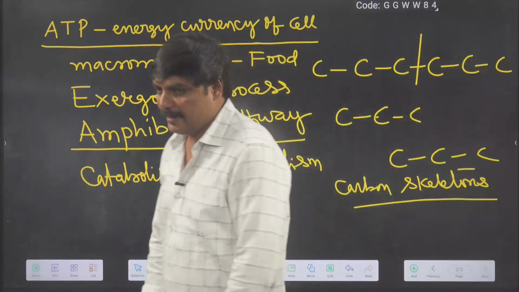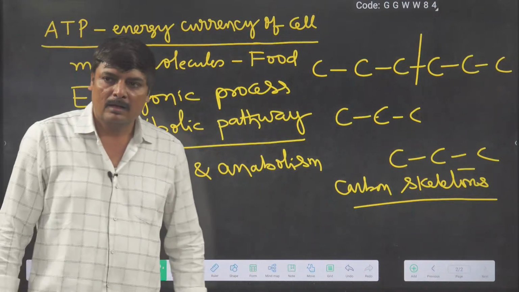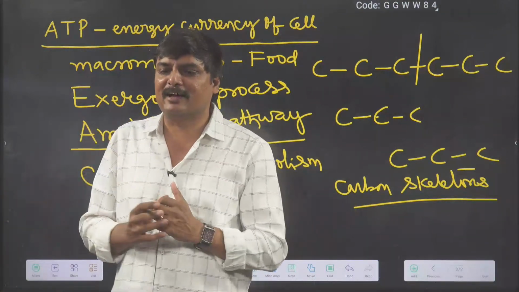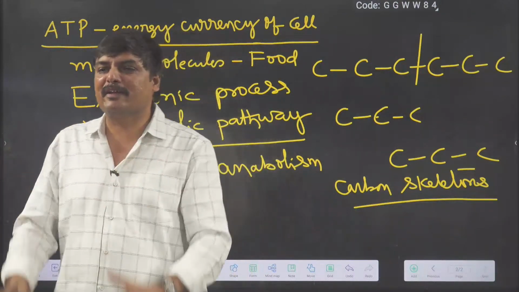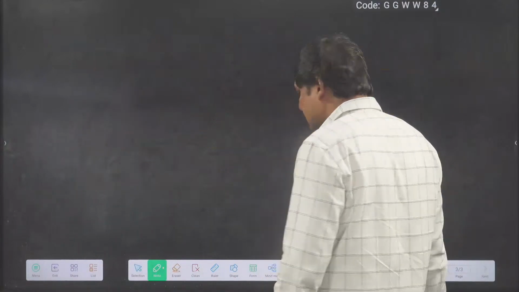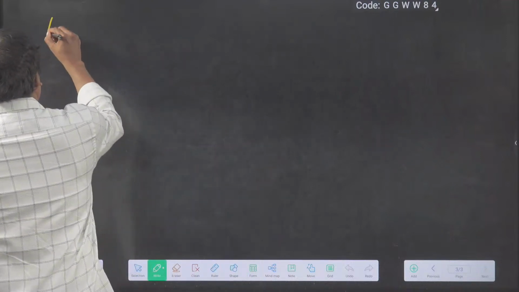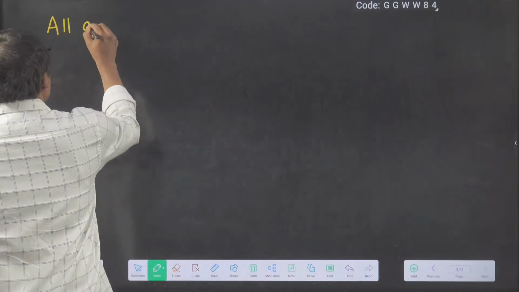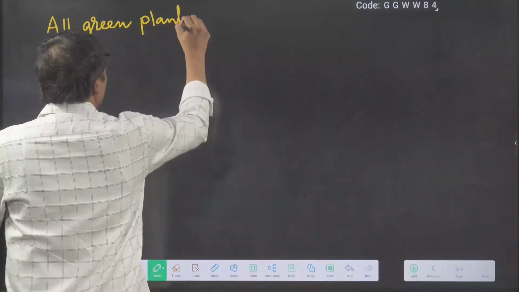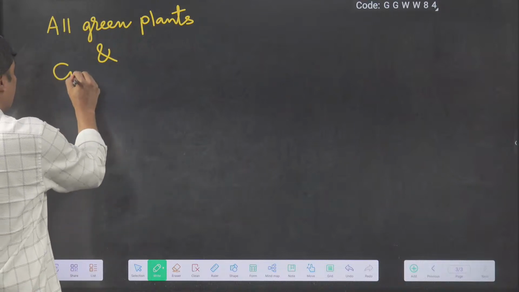Clear? Next. You know very well that all green plants and also cyanobacteria synthesize food material. Clear? Which organisms synthesize food material on this planet? All green plants, and cyanobacteria.